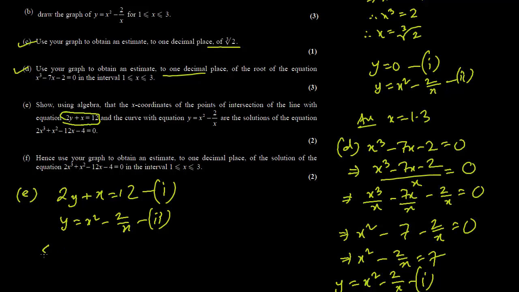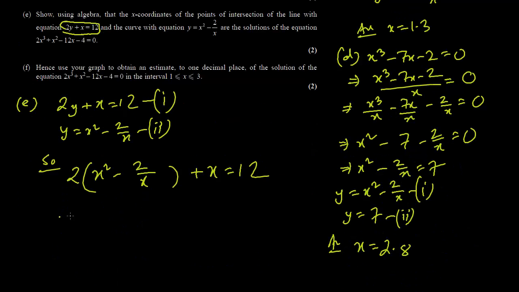So let's substitute. If we put the value of y in the first equation, it will be 2 instead of y, over here I am writing x squared minus 2 by x, and plus x equals 12. So I'm substituting the value of the curve y equals x squared minus 2 by x in the first equation.